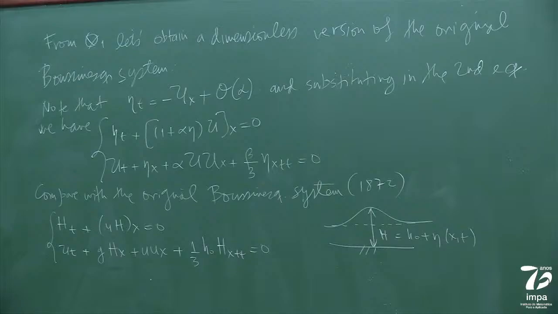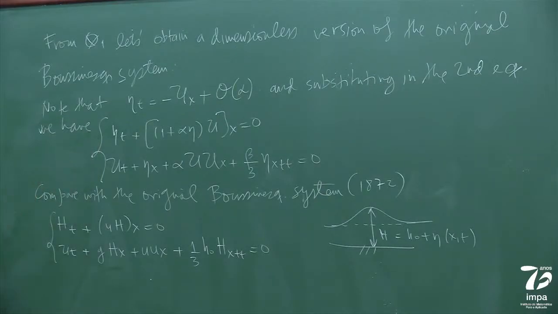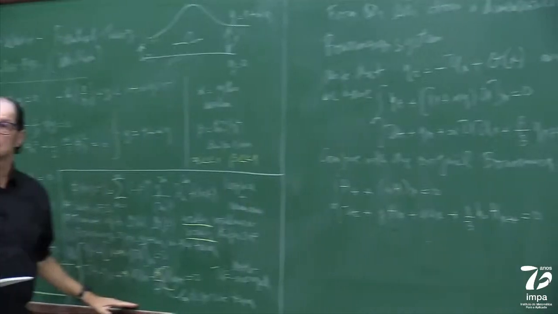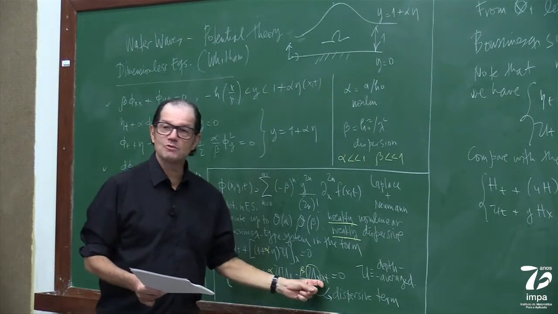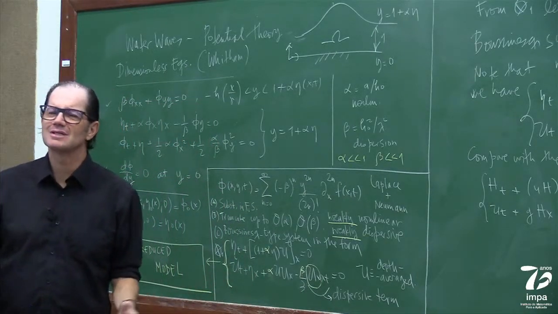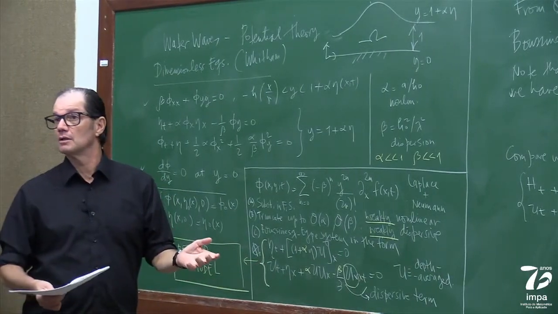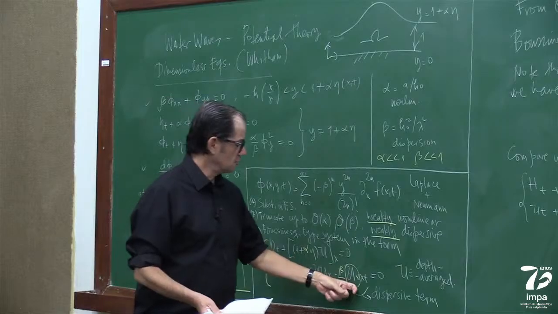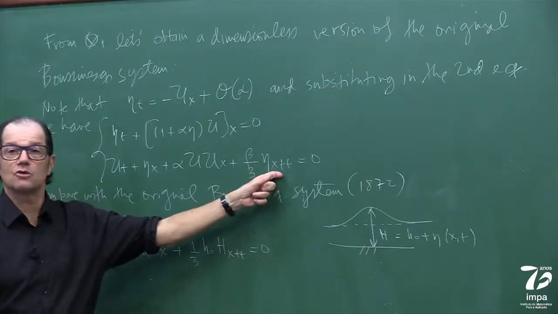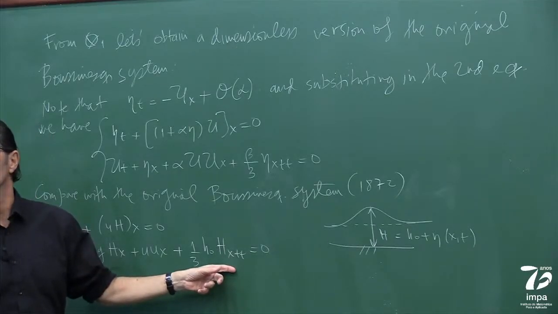Okay? So this is the Boussinesq equation. This is the Boussinesq equation in terms of the dimensionless one. But look, this is a Boussinesq type 1, where the dispersion term is different. Then you can ask me a proper question: okay, you changed this term into that term in a sort of artificial way because it looked like the original Boussinesq term, right?